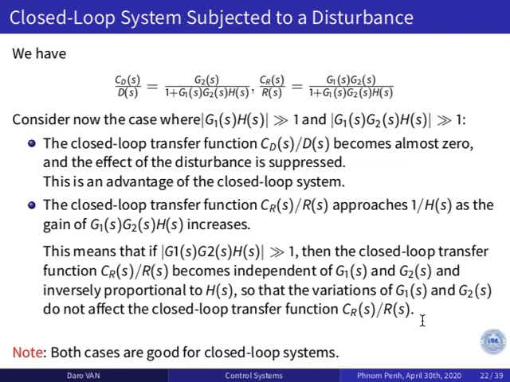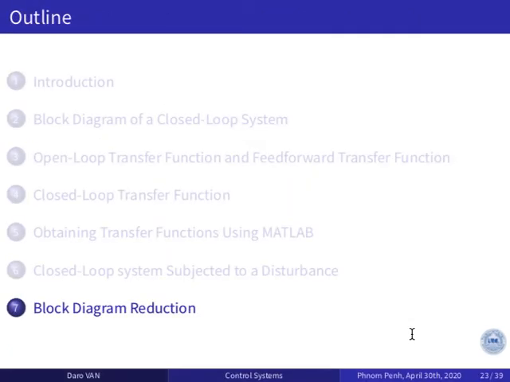So the variation of G1 and G2 does not affect the closed loop transfer function. Both cases are good for a closed loop system. So we want this value to be much greater than 1, also this one.